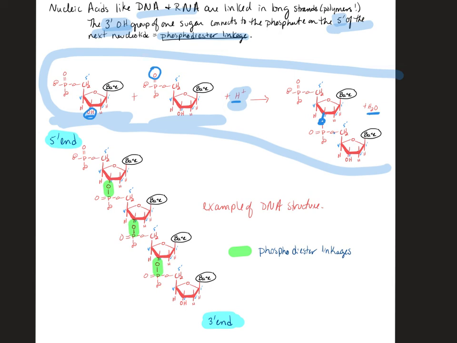The phosphate is coming off of the 5'. So that's what we say, the 3' OH of one sugar connects to the 5' phosphate of the next nucleotide. That's where these linkages right here come from, okay? You might need to go back and look at that a few more times to really understand what I just said. That is okay. Make sure that you know how to put those together, because this is really important.